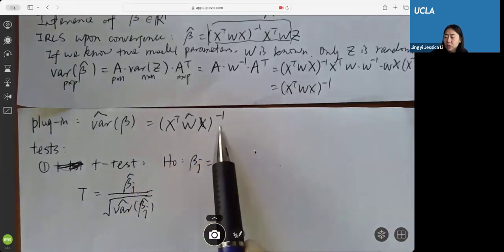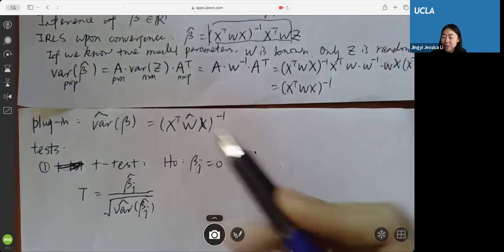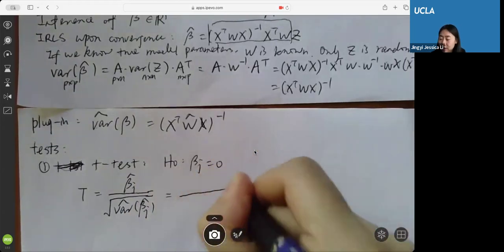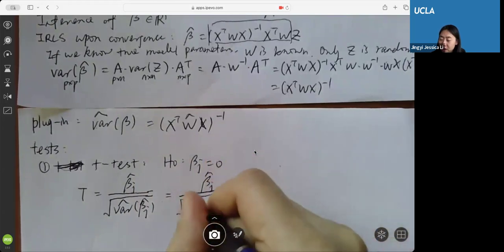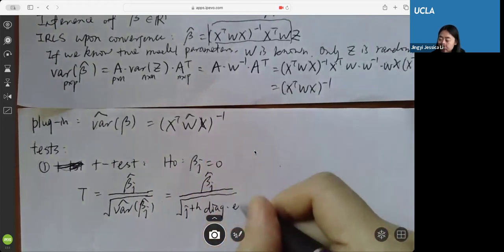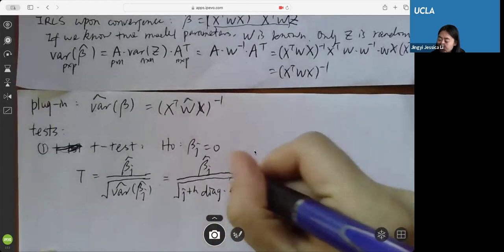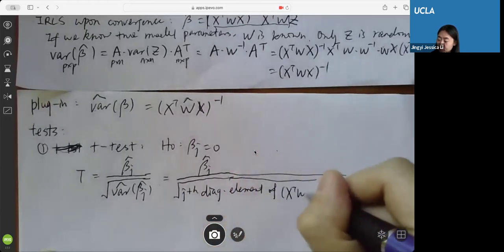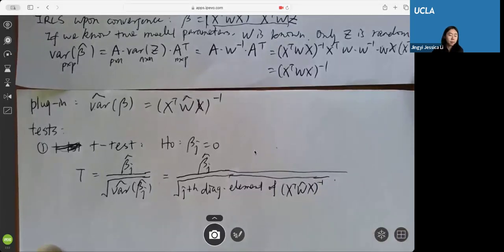Essentially, you just need to grab the jth diagonal element from here, put that here, and that's what you get. So it's basically beta hat j over the square root of the jth diagonal element of this X transpose W hat X inverse.